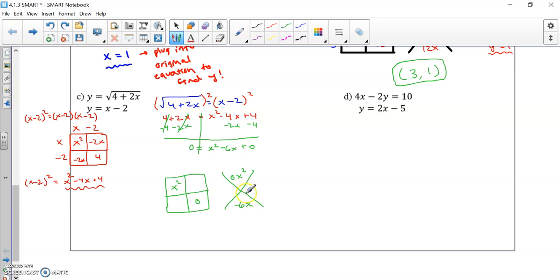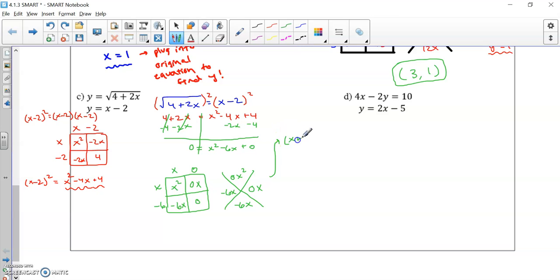So when you ask yourself, okay, well, what two numbers multiply to make 0 and add to make negative 6? That's actually just negative 6 and 0. Okay, so what we'll have in our boxes is negative 6x and 0x. So to fill out the rest, we have x and x, we have negative 6, and we have 0. So now we can rewrite in factored form. Let's do that right over here.